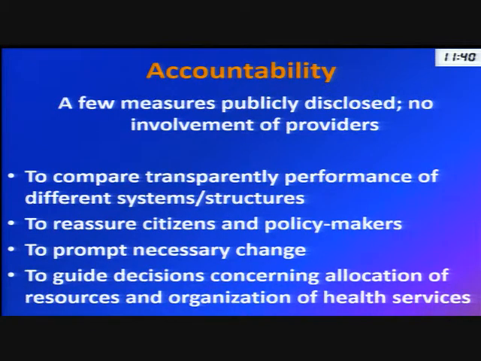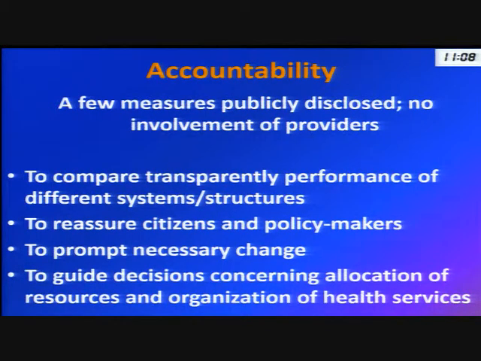One of the problems with this goal is that essentially accountability implies no involvement of providers in developing the measures and in carrying out the measures. So accountability allows a comparison in a transparent way of performance of different systems or structures across countries or within regions.